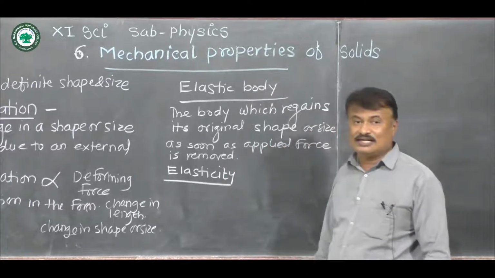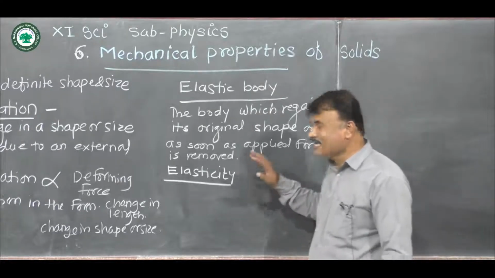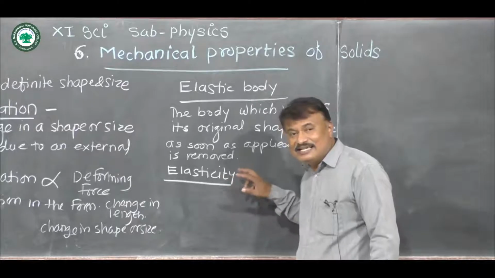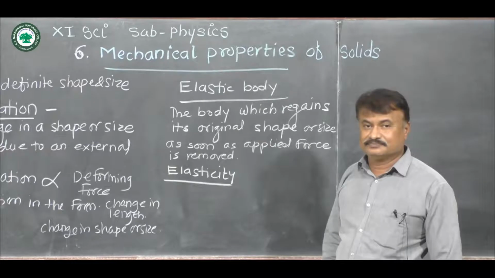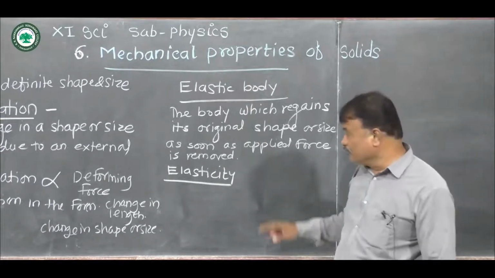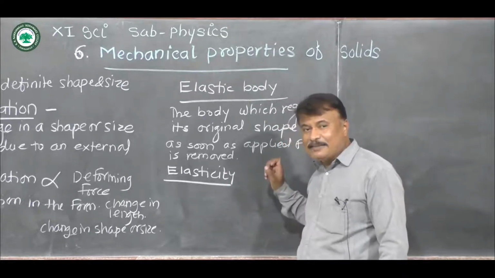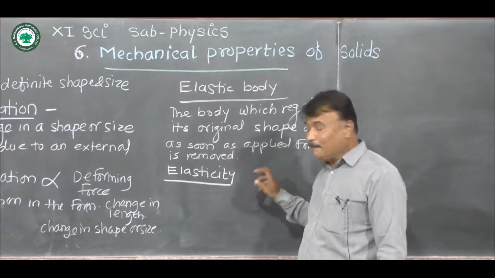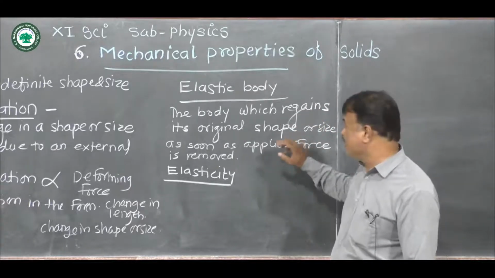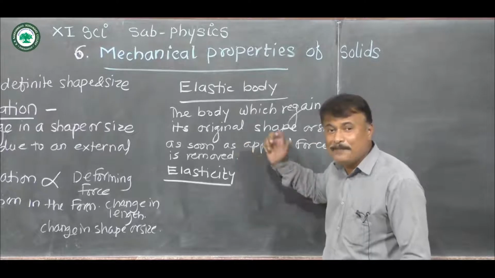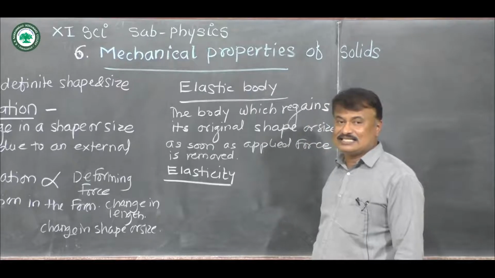Such a property is called elasticity. Or in other words, elasticity is the property of an elastic body. So remember again, the property by virtue of which a material body regains its original dimensions, meaning shape and size, as soon as the applied force is removed. Such a property is called elasticity.